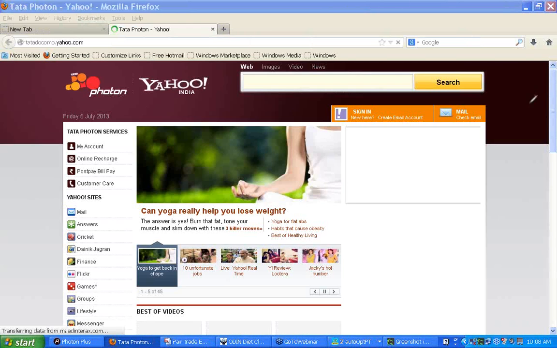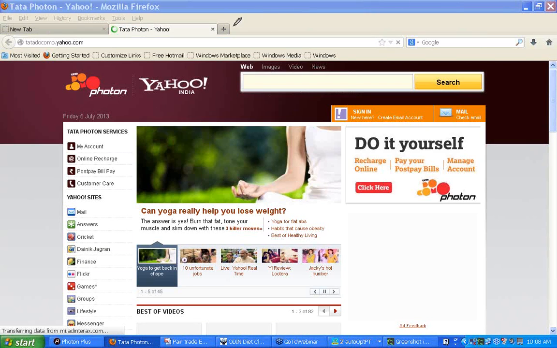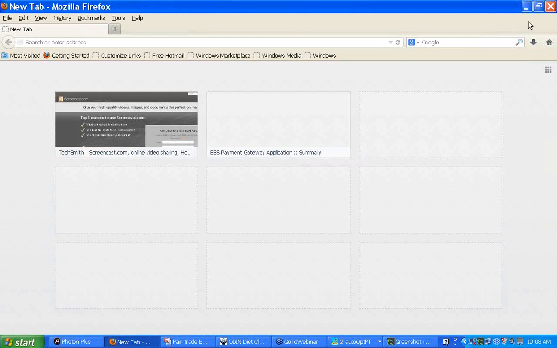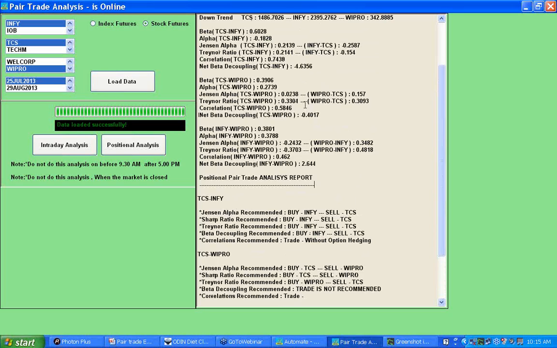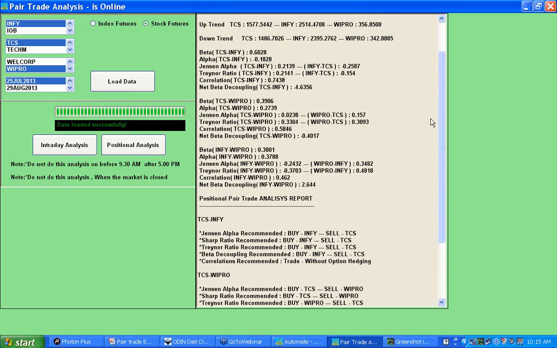So we have just loaded Infosys and TCS data. It is telling that it is without option hedging, meaning we are going for Infosys and TCS.